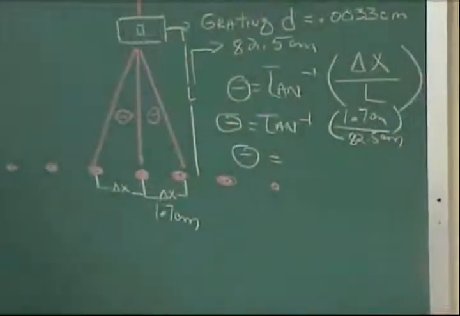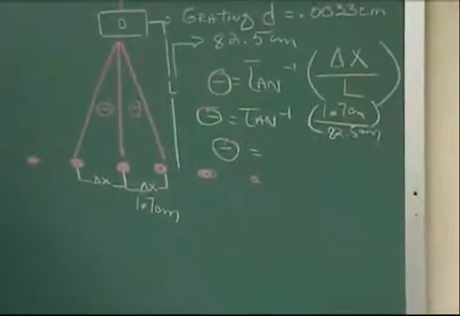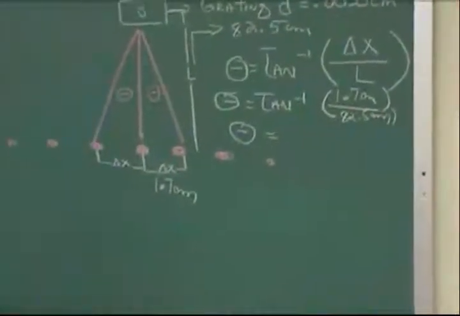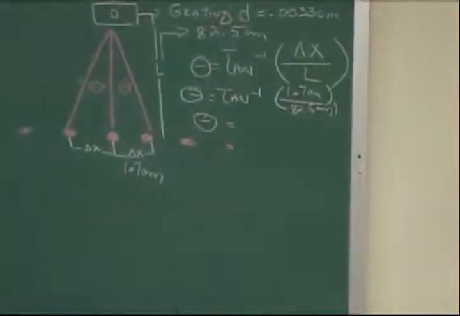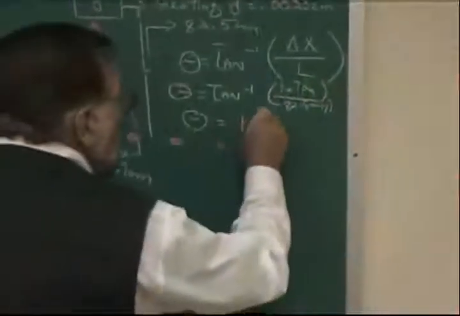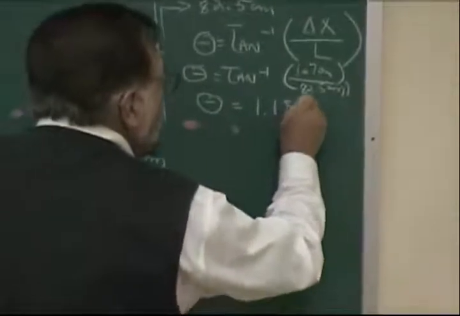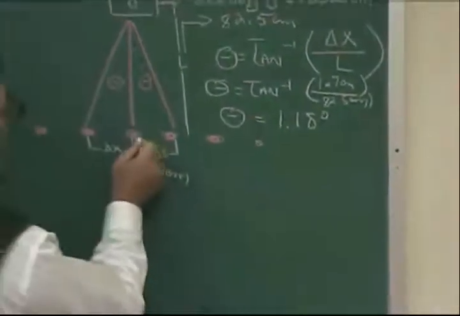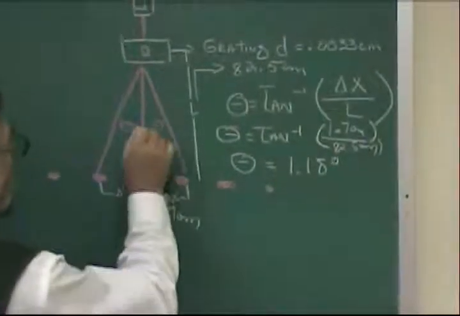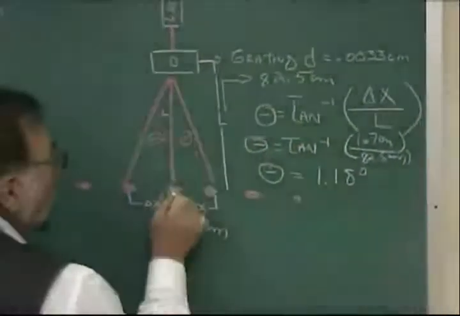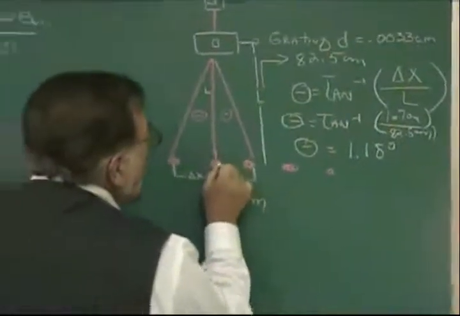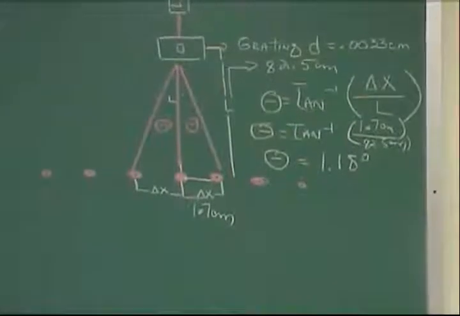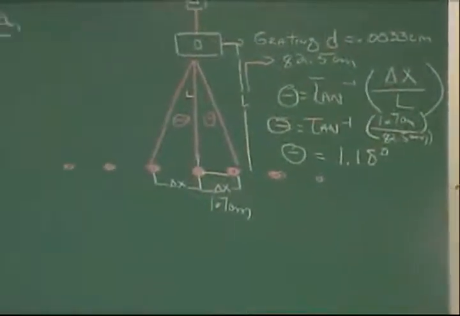And when we plug that into our calculator, what we're going to find out is that we do have an angle of 1.18 degrees, okay? And actually what you're doing here is you're really calculating for this angle. Again, this is L right here, this is delta X right here, and you're looking at that angle. And you're going to use the tangent function. I think you people realize that.